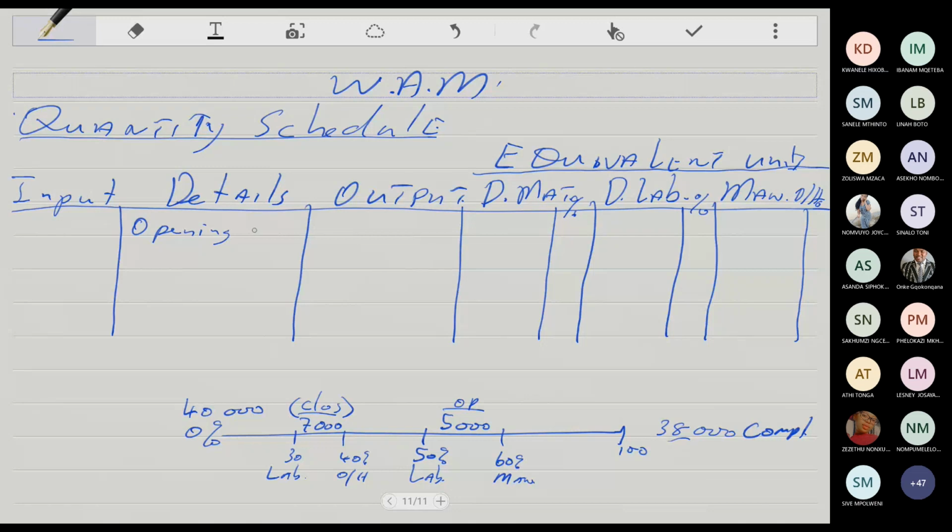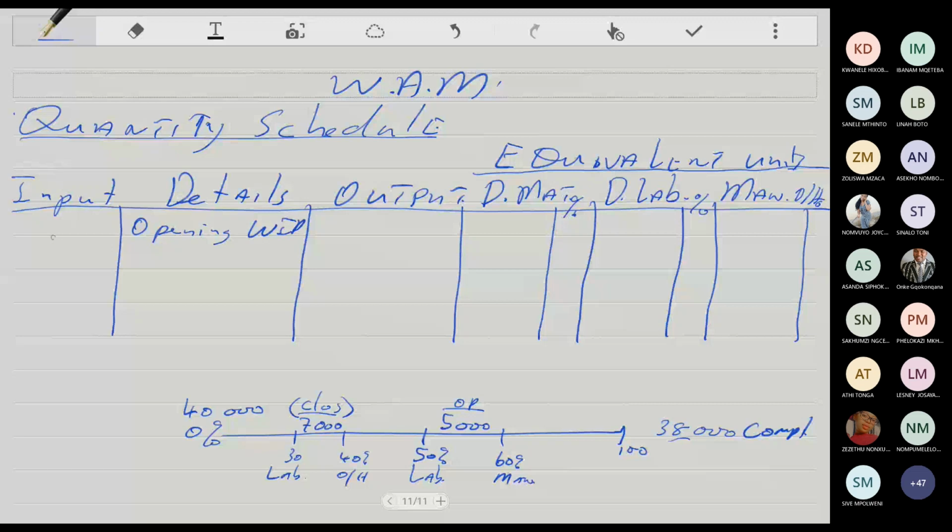So we go now to our quantity schedule with the full understanding of what happened to our production, and we'll simply place our units according to their places. We start with the opening work in process. It is 5,000. Can you say which side I am going to place that?